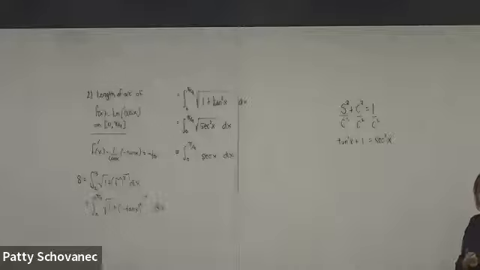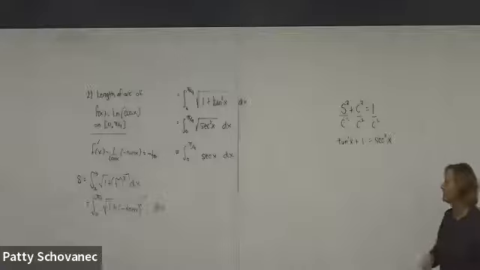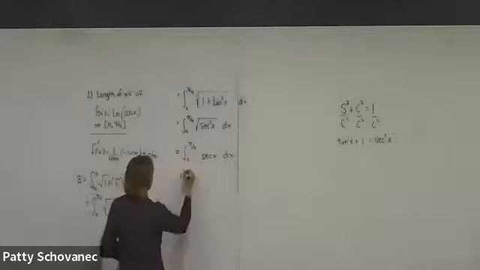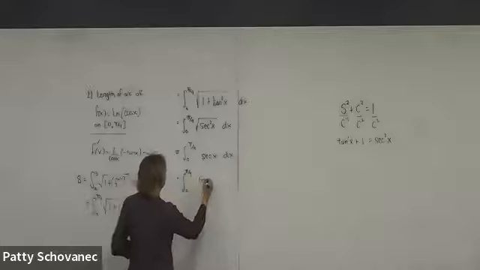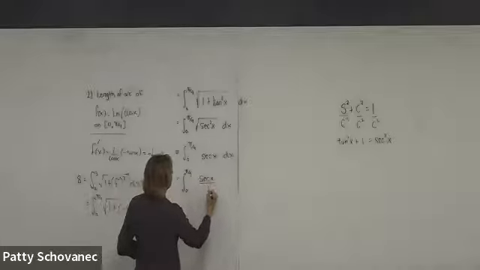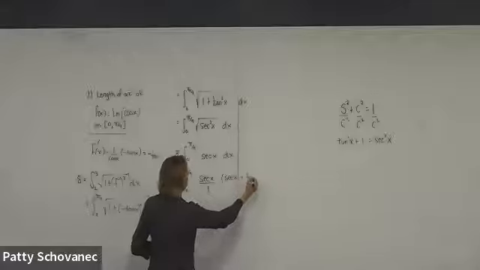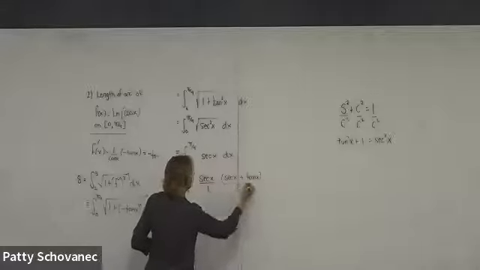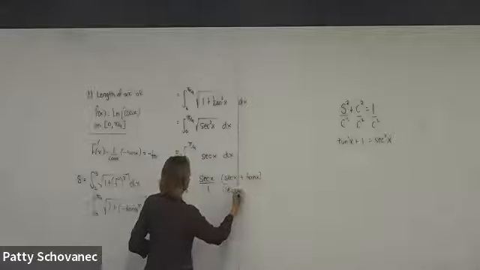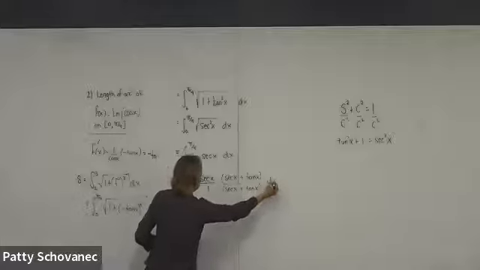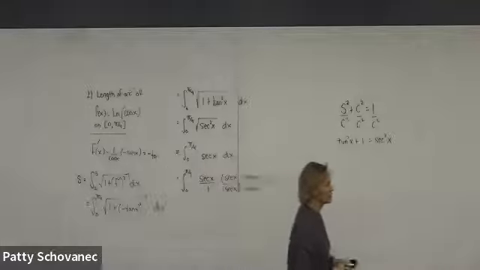So I'm going to show you how to do this by taking that integrand and multiplying it by 1. I'm going to multiply it by the secant of x plus the tangent of x over secant of x plus the tangent of x. That's the little bit of witchcraft I talked about.